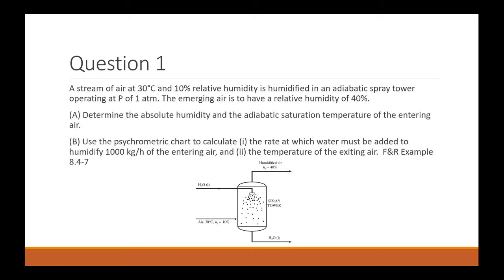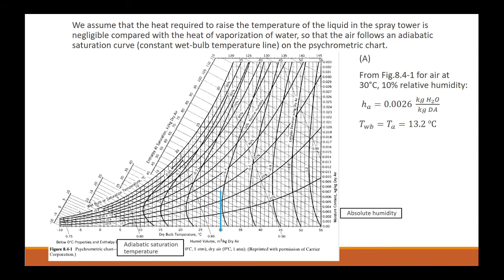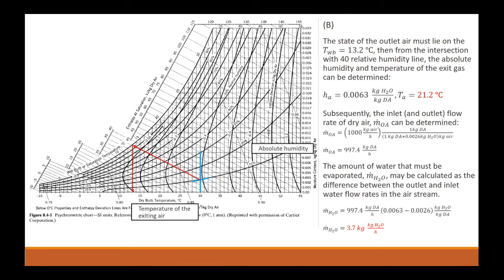So for part B, we want to calculate the rate at which the water must be added and the temperature of the exiting air. Now previously the properties of the air entering is fixed, so we keep this fixed.